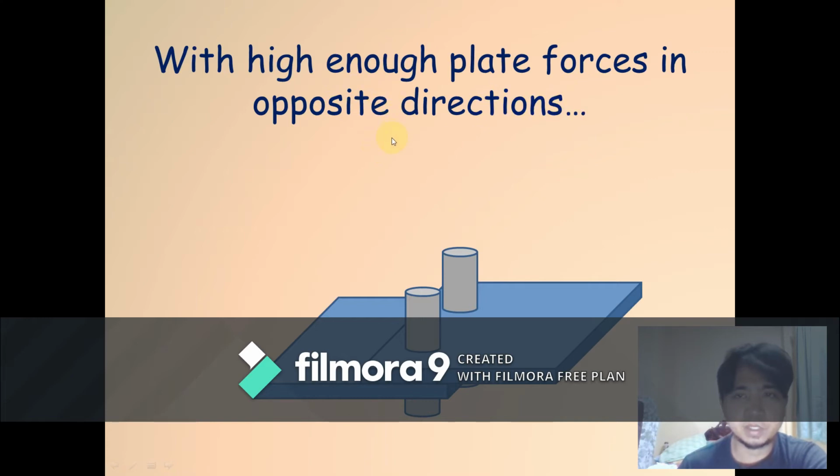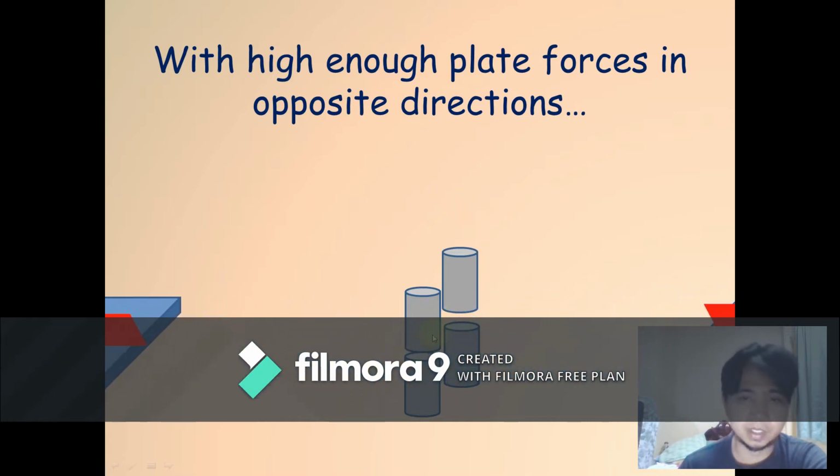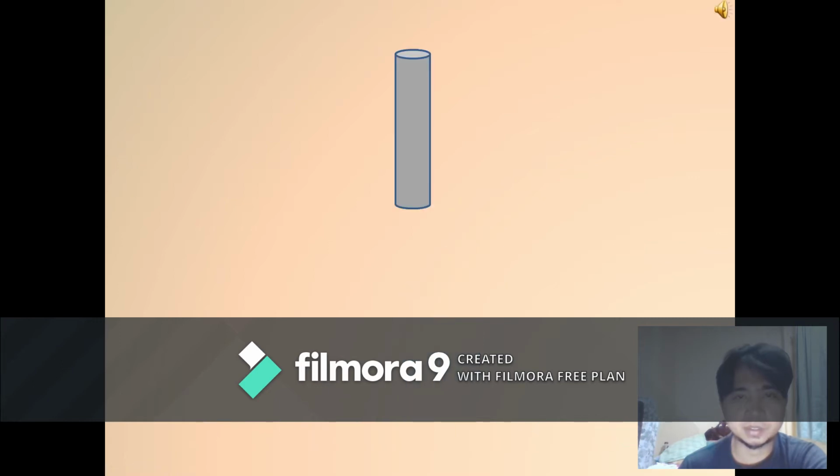With high enough forces in opposite directions, if we apply a tensile force on both ends of the plates, it will cut this pin. Each pin has already sheared into two pieces.